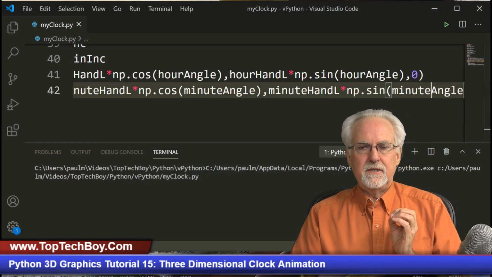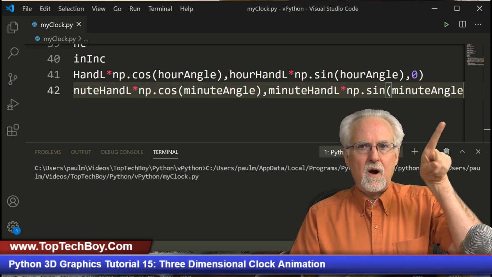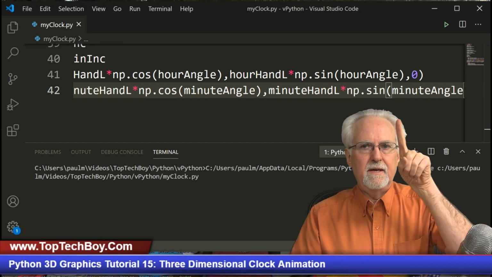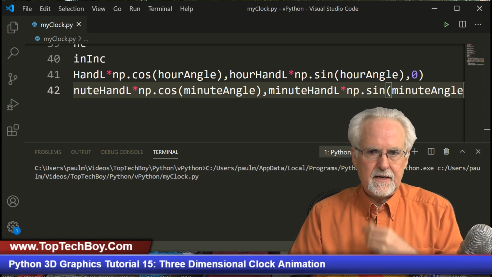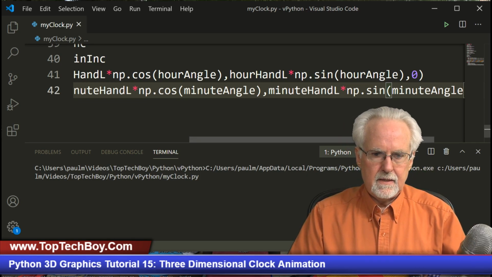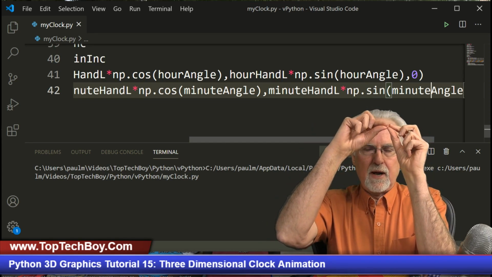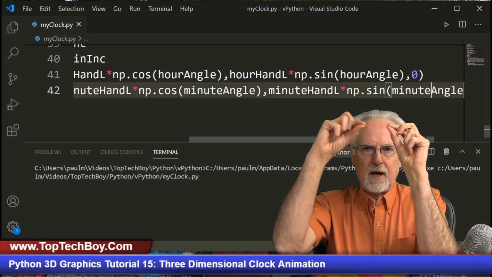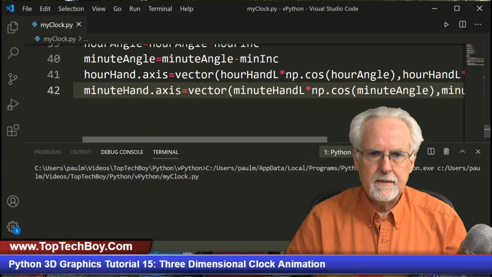There are 60 minutes in an hour. But when I go around, then I want to go 1, which I think maybe I want to divide by 12, because when the minute hand goes all the way around, I want the hour hand to go around by 1/12.